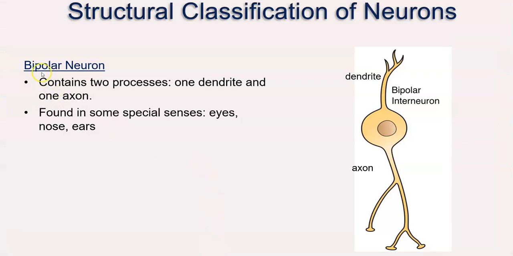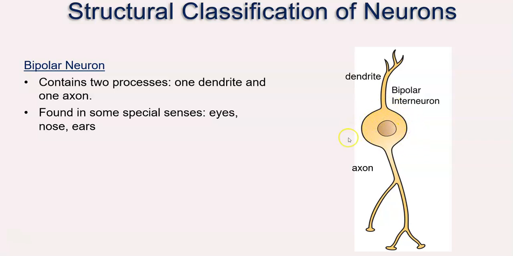And if it's a bipolar neuron, what we're going to see is that it's got the cell body in the middle, and it doesn't have what we call a true dendrite coming off. It's got a dendritic process coming off this way and an axon coming off this way. So this is called bipolar, and I'm going to show you how you can figure out which one's which in a moment when we go through those.